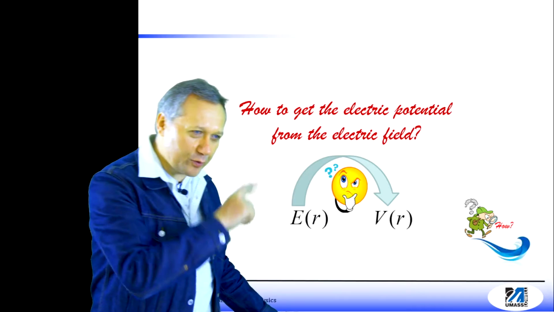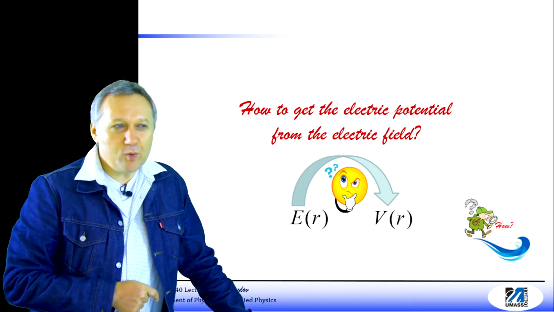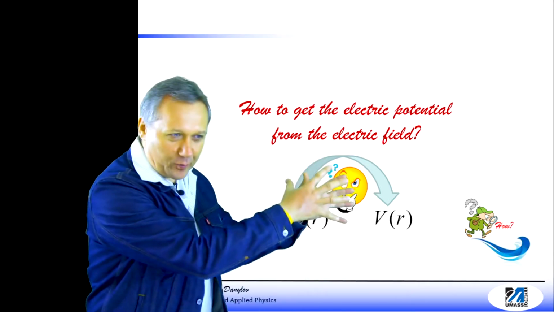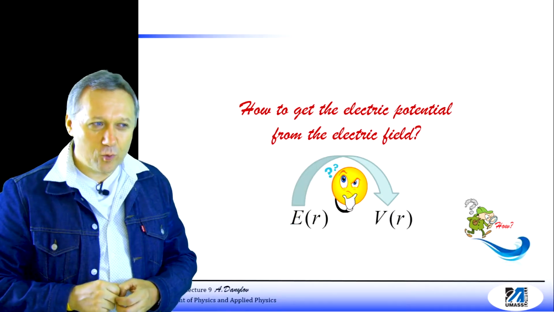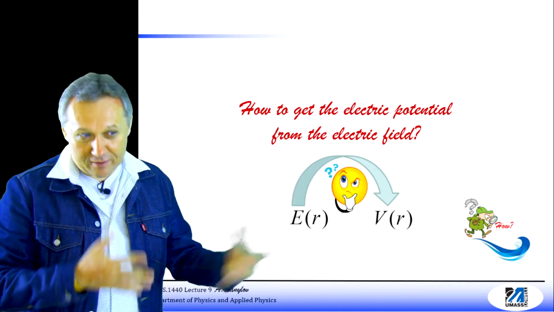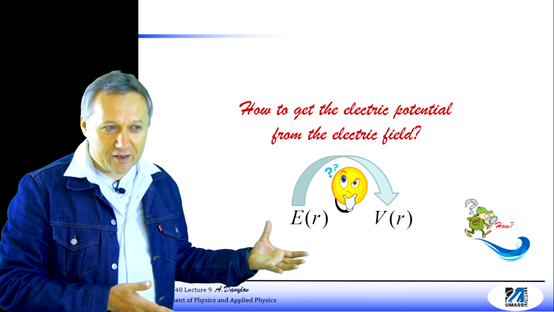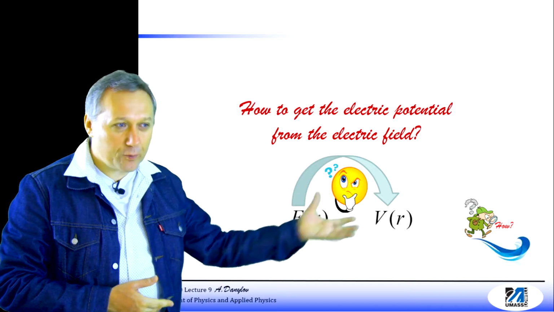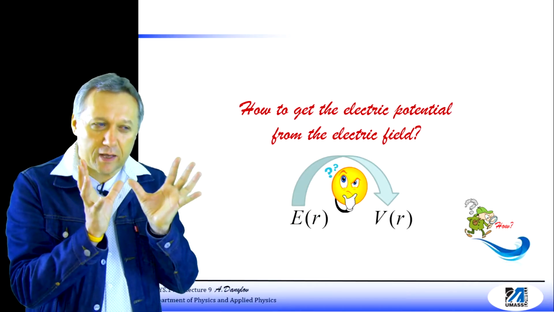We also remember from the recent past how we moved from the electric force to the electric potential energy: we looked at work done by the electric force. Since electric potential energy is connected to the electric potential and the electric field is connected to the electric force, in order to find this bridge, we need to look again, deeper.